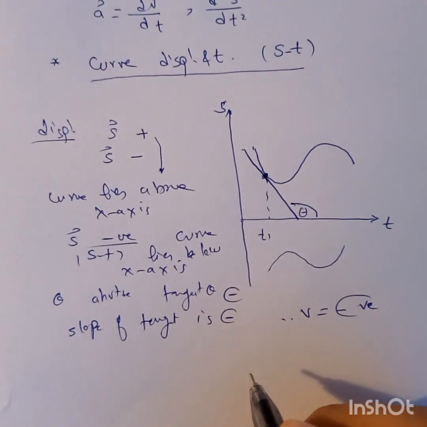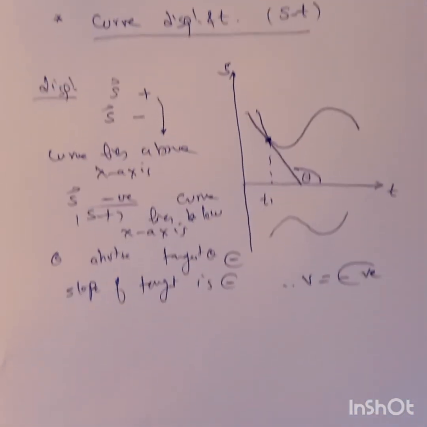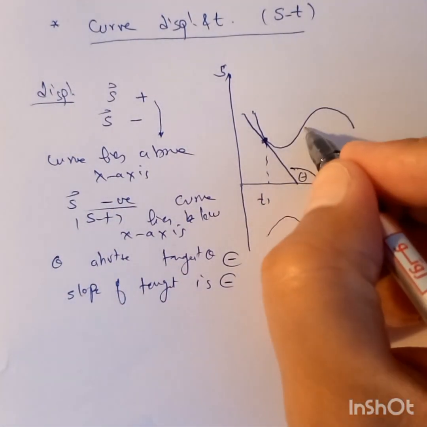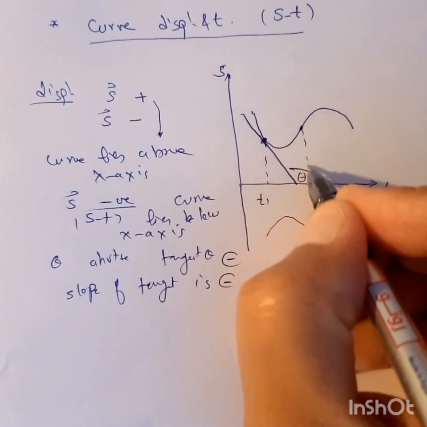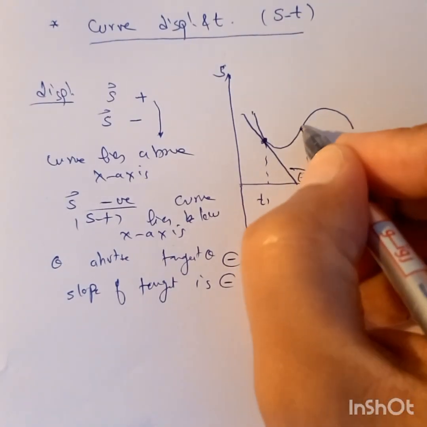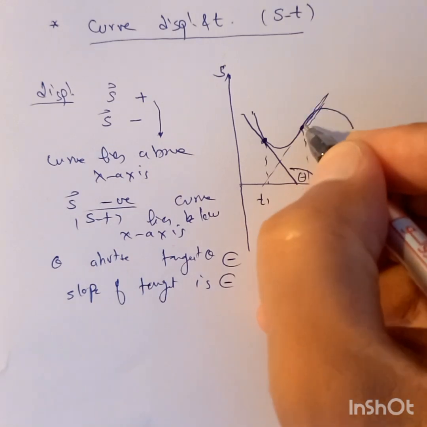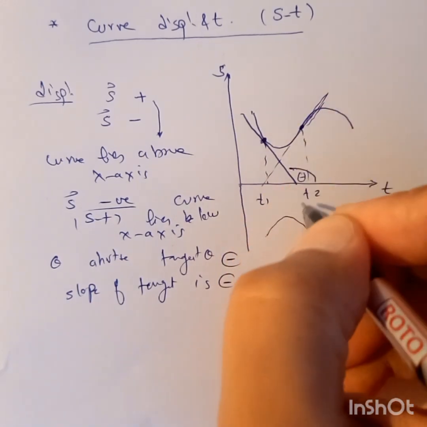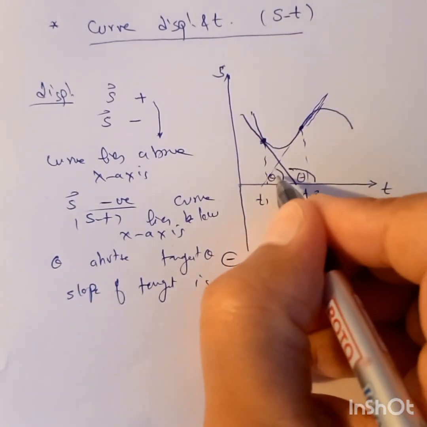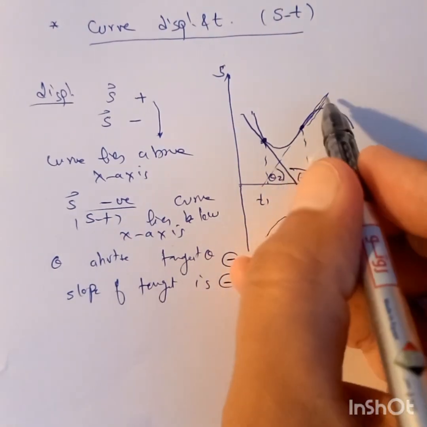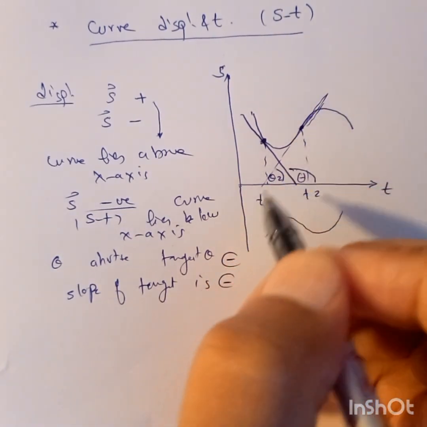If we assume, for example, this point at t equals t2, and we sketch the line representing the tangent to the curve at t equals t2, then we have here theta2. Theta2 is acute, then the slope of the tangent is positive.